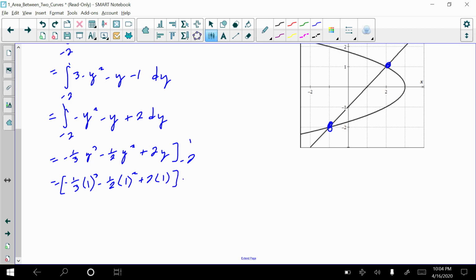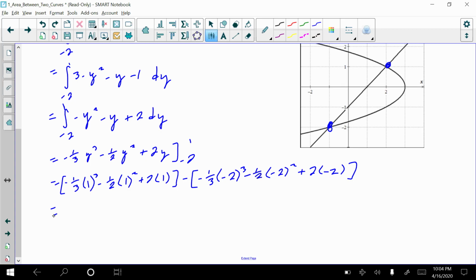And now we'll do the same thing with the -2. So I'm going to get negative 1/3 times -2 cubed, minus 1/2 times -2 squared, plus 2 times -2.